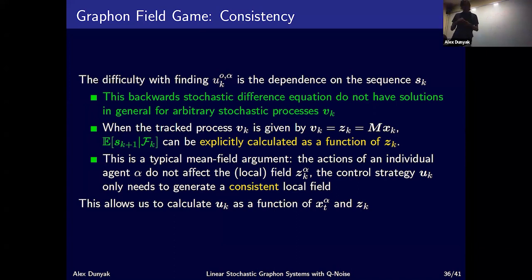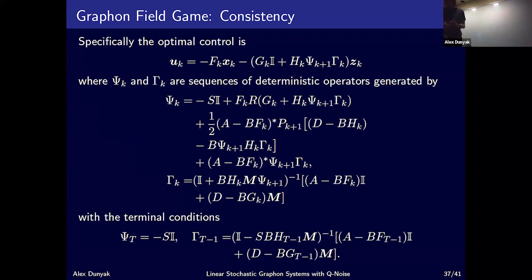Then the only requirement is that your controls generate a consistent local field Z. So it turns out that when you make this assumption and use the terminal conditions for S as M times the terminal state X, you can find the operators that let you calculate the optimal control U here.